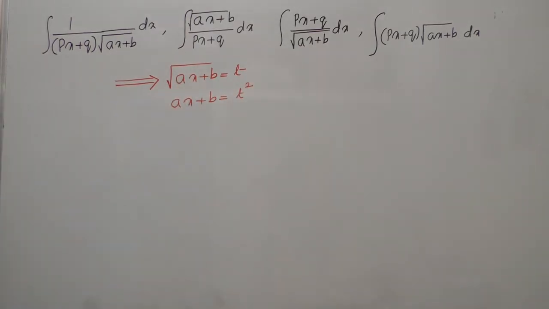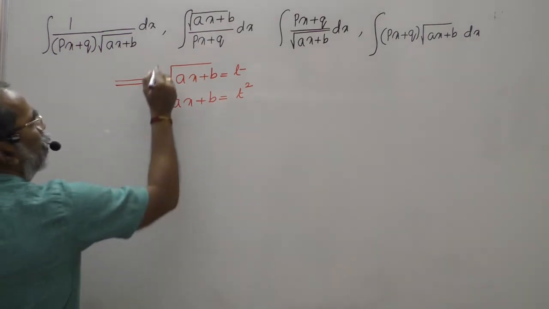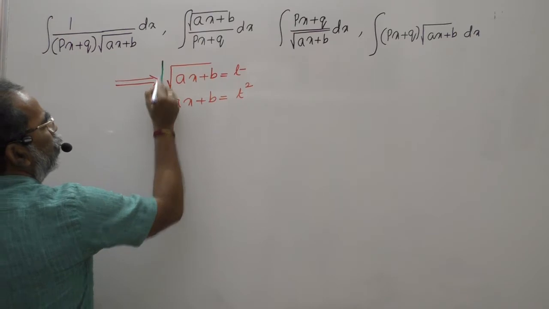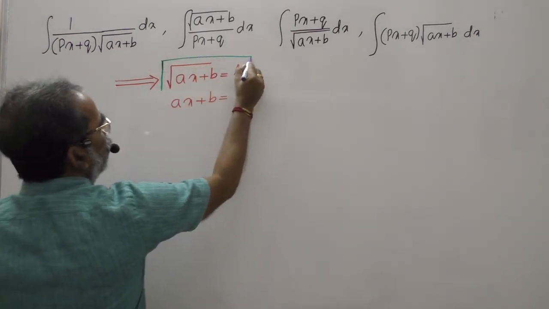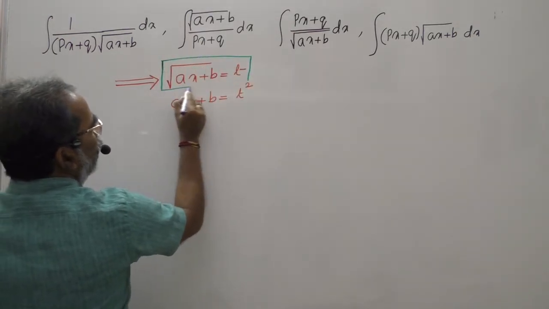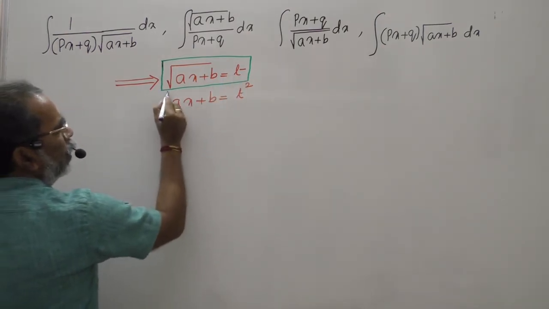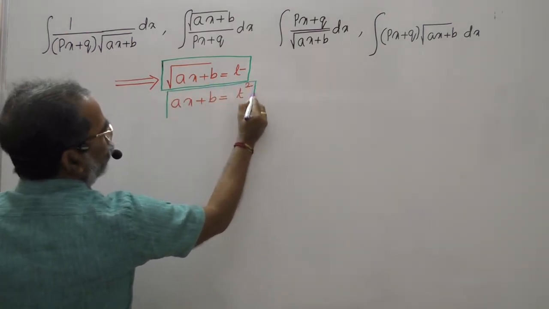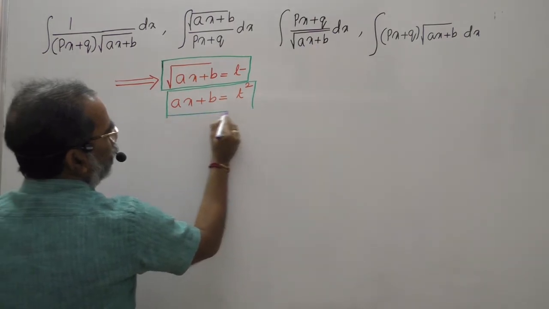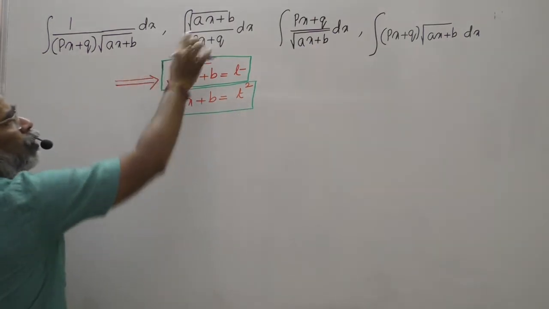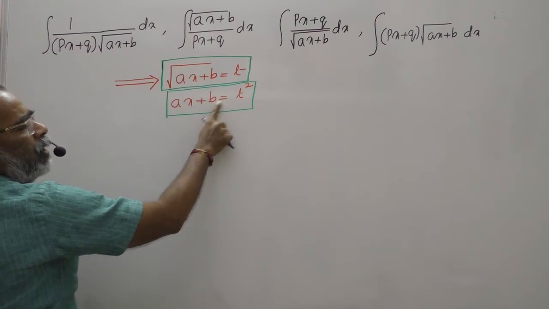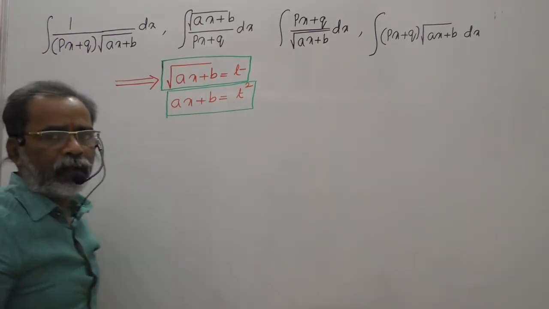So for this type of integrands the substitution is root over (ax plus b) equal to t, that is, the linear factor inside the root equal to t square.